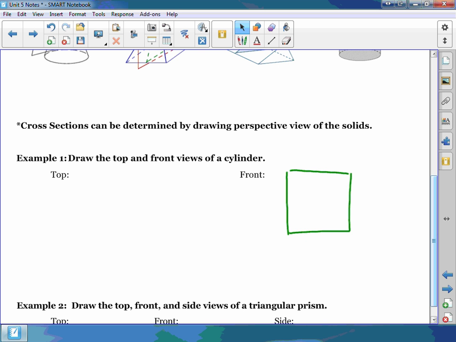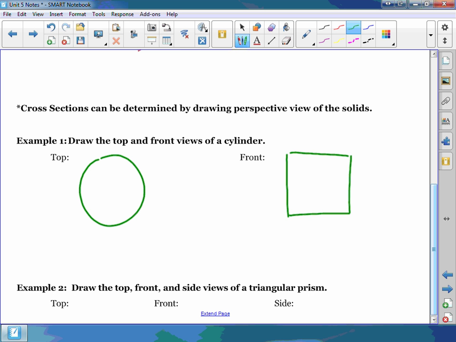Sean? Yeah, a horizontal cross section would just be, if I can do this without dropping it, I guess you guys can't really see it in the image there, but it's going to create a circle. So that would be your top view. So depending on how you cut this cylinder, you might create a vertical cross section that looks like a rectangle, or a horizontal cross section that looks like a circle.